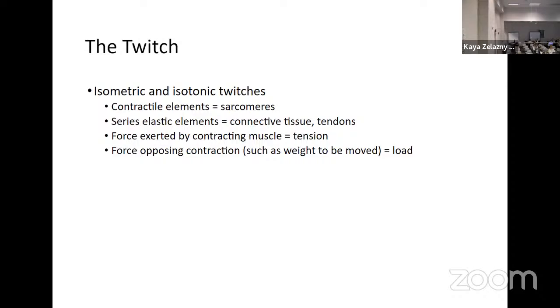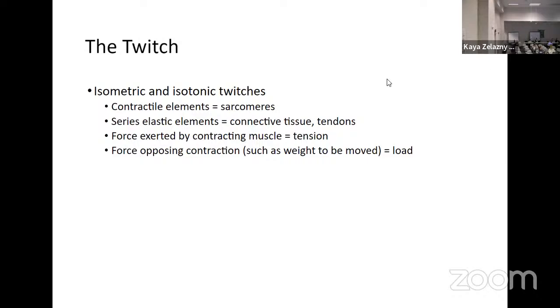You're not moving, but you're definitely using your muscles. So we can have muscles contract without causing physical movement. We can use it to maintain posture, maintain a position, or we can, like, lift dumbbells and actually move a load. So this is how we're going to separate these ideas of isometric versus isotonic twitches.